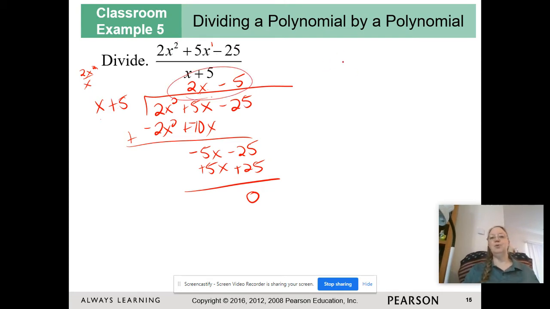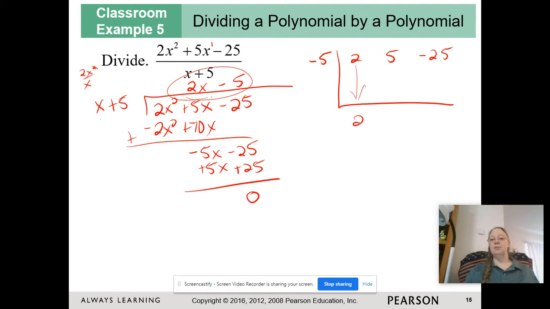And I said I would show you synthetic division. If you recall, I take the coefficients, 2, 5, and negative 25. And I do have to put in any missing terms if I had them, but we already decided there was none. And then instead of plus 5, we're going to switch that to negative 5.